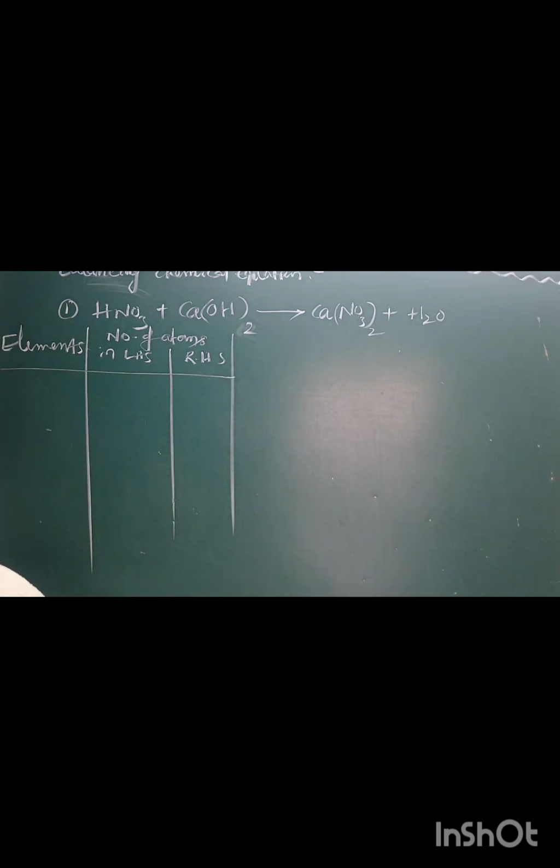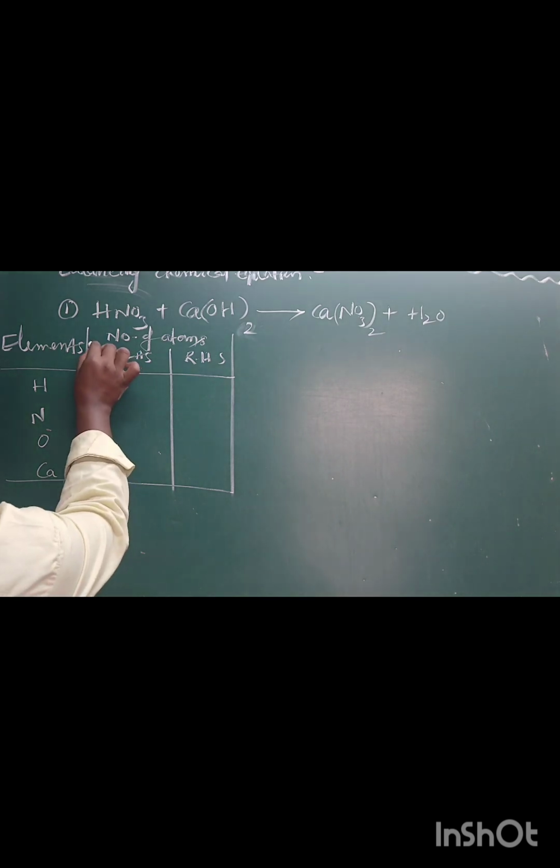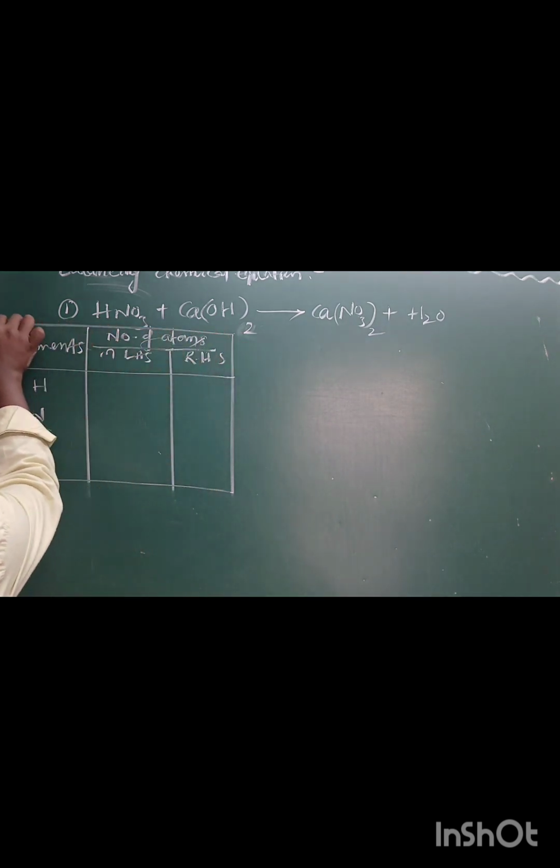How many elements are there here? Hydrogen, nitrogen, oxygen, calcium. 4 elements are there. Number of atoms in the reactant side and the product side.